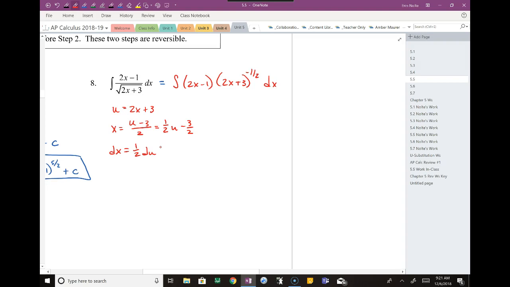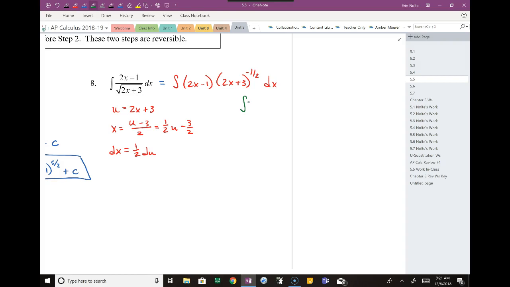Okay, so now here comes the part where I'm going to substitute all of my u stuff into the equation. You ready? I'm going to do this in green. My first quantity says 2x minus 1. So I'm going to replace the x with one of these. We can replace the x with this one or this one.